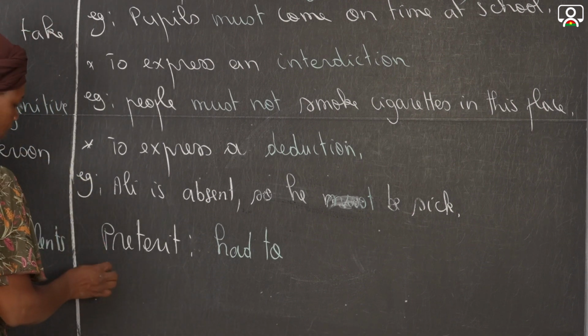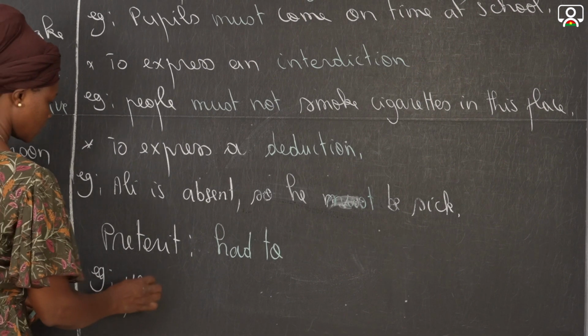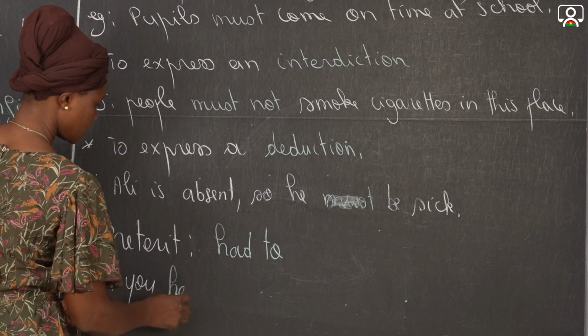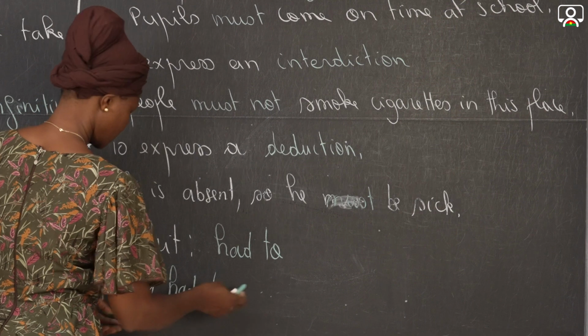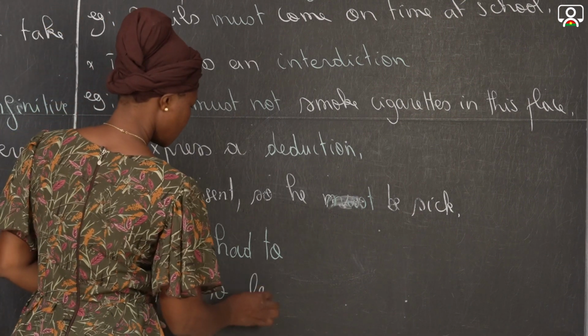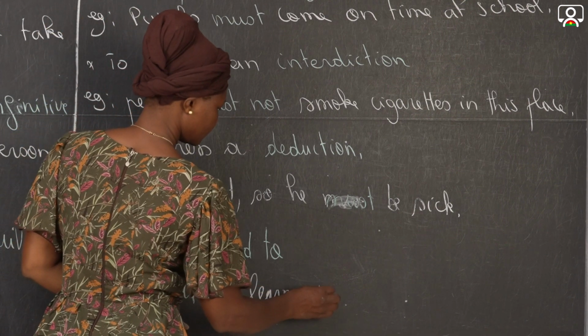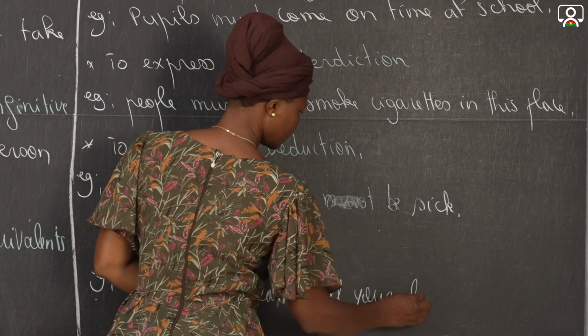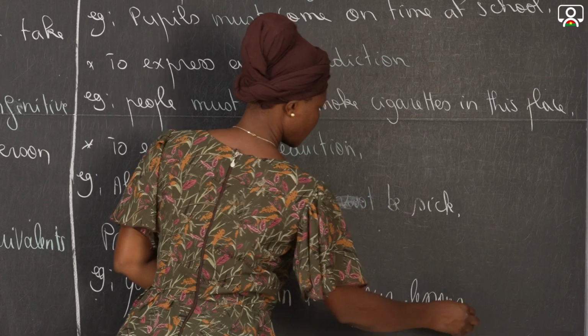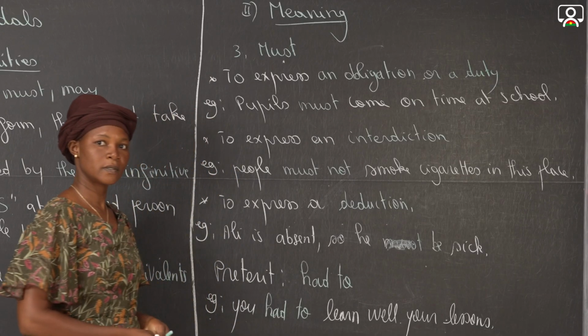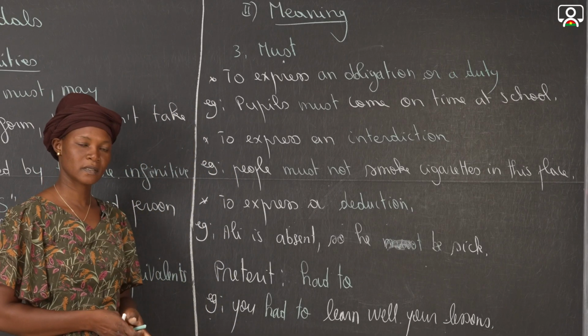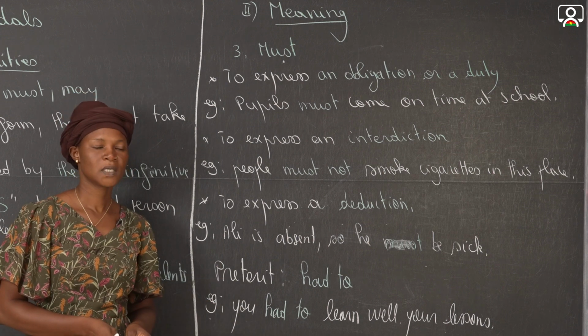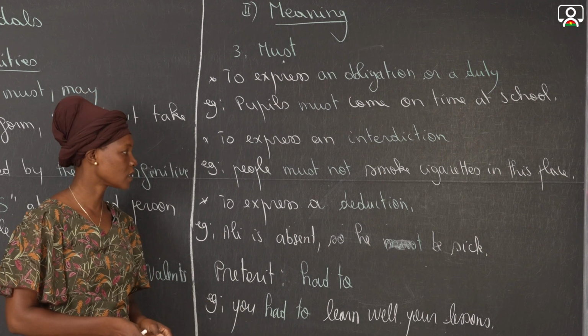An example: You had to learn well your lessons. So this is the preterite of must.